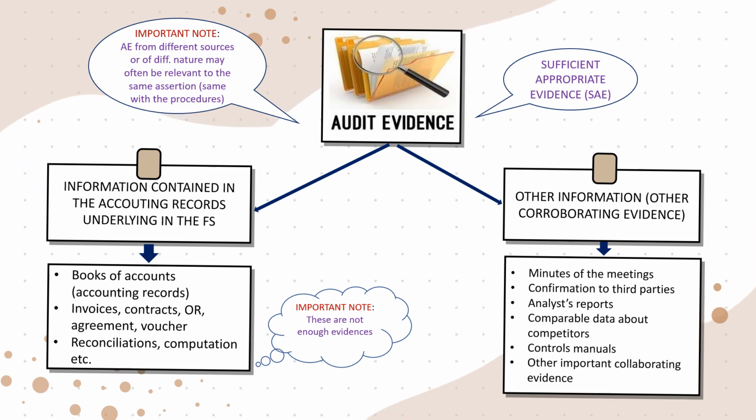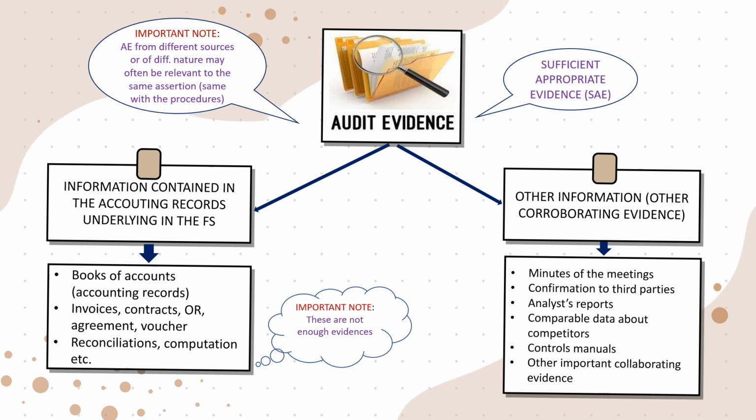If meron man, you have to recognize provision or you have to disclose contingent liability na dapat naka-reflect doon sa financial statements. And then, analyst reports. So, dito ka maglalagay ng expectation. Kung magdi-decrease yung revenue or otherwise mag-increase yung expenses.